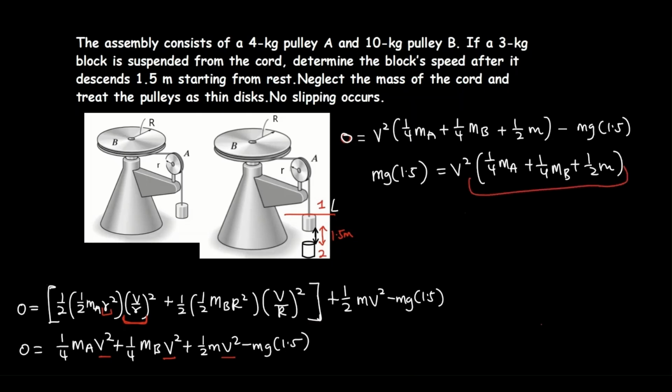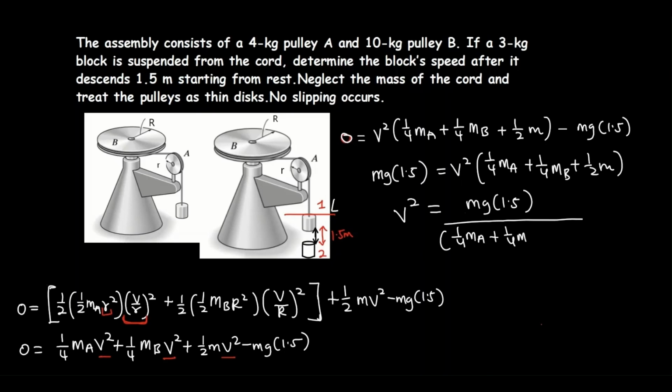So let's write it as v squared equals mg multiplying 1.5 divided by 1 over 4 multiplying MA plus 1 over 4 multiplying MB plus half M.